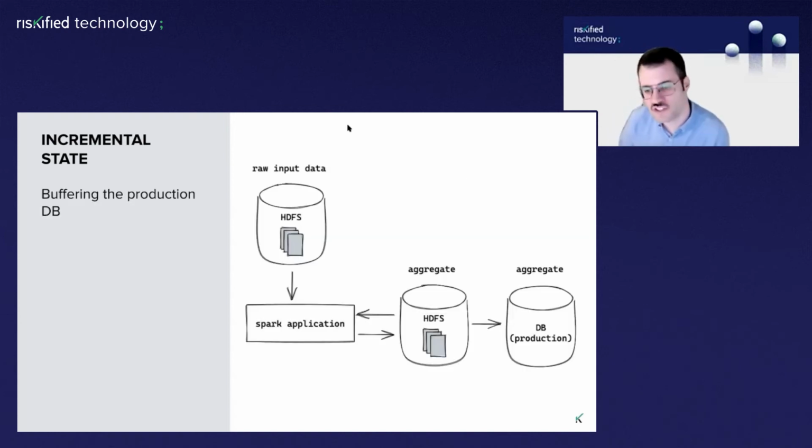So what I'm suggesting we try to think of, and this is where stuff becomes a bit more interesting, is that we buffer our production database with something that looks similar to the production database, but resides in the HDFS layer of our system. So our Spark application no longer needs to read from the production database.